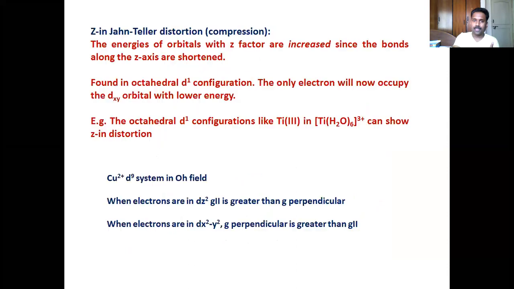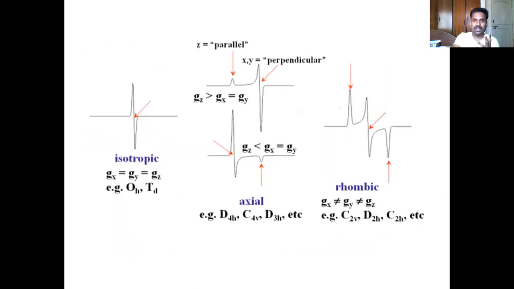So in case of Z out distortion, G parallel is greater than G perpendicular. In case of Z in distortion, G perpendicular is greater than G parallel. So how does your spectrum look? Let us simply assume G parallel is greater than G perpendicular. Look at this and tell which type of JT distortion this spectrum corresponds to: Z out or Z in.